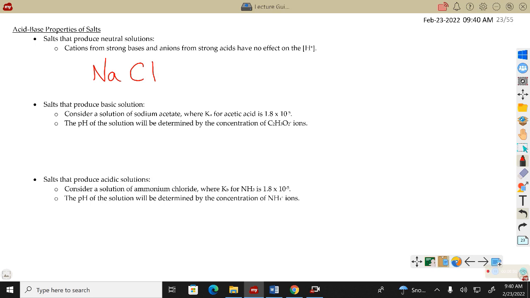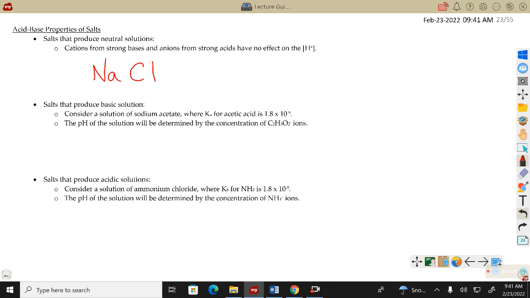So when I think about the sodium ion and the chlorine ion, I'm going to ask myself two questions. Question number one, can either of those ions produce hydrogen and act like an acid? Well, that should be an obvious no, right? If I put salt in water, the sodium ions and chlorine ions are obviously not bringing any hydrogen into the solution.